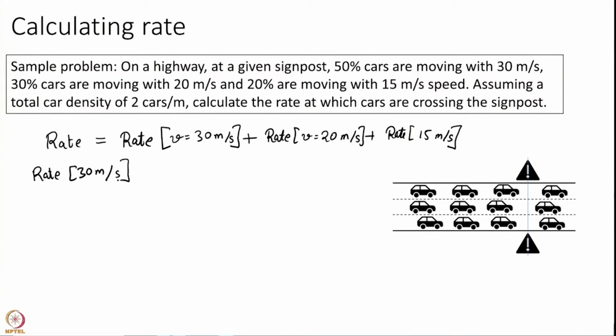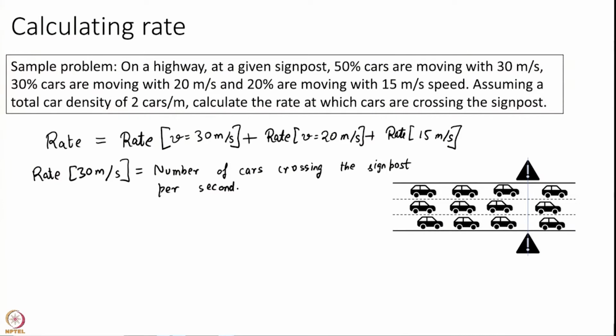How do I solve this problem? What is rate? We have to get back to our fundamentals. Rate is the number of cars crossing the signpost per second. So if I wait for 1 second, I have to observe how many cars passed which were travelling at 30 meters per second.